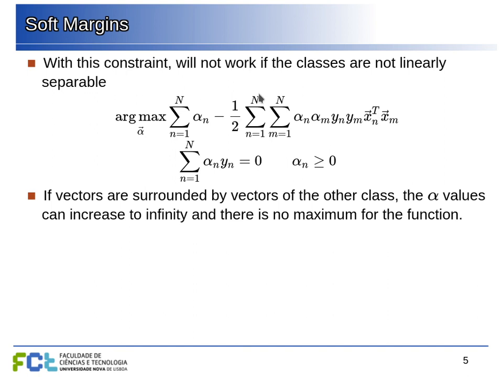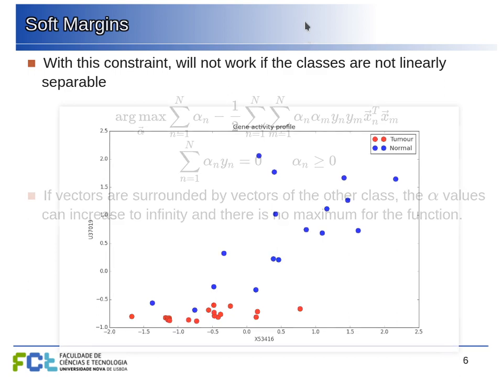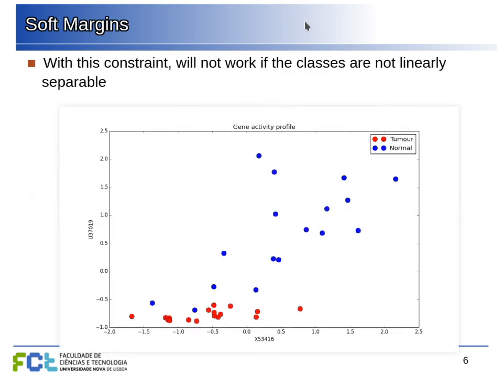And this will no longer have a defined value for the alphas for maximizing this function, because now it can grow all the way to infinity. So this would be the case here, where we have these points that make these two classes no longer linearly separable, and so there is no solution for this formulation of the problem when we have classes like this.